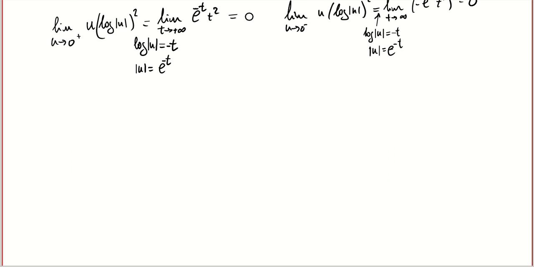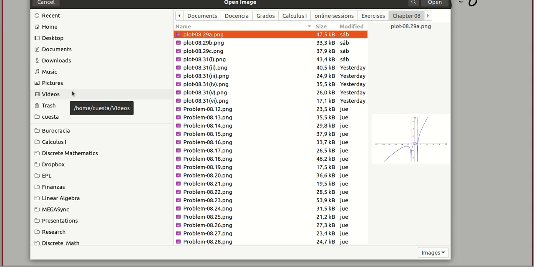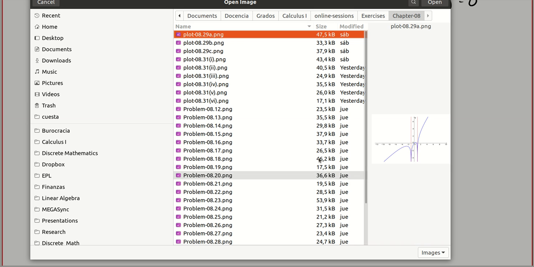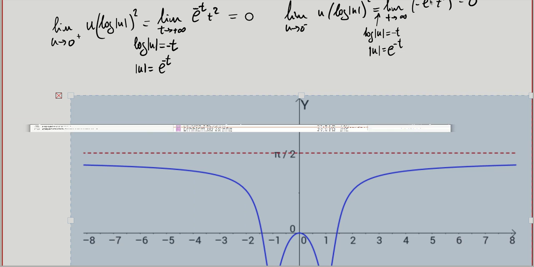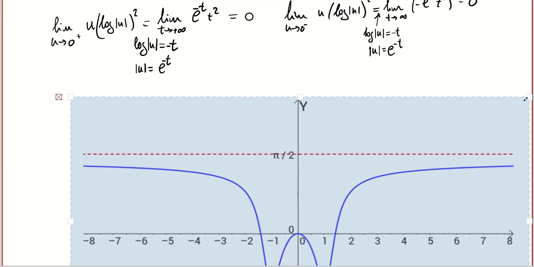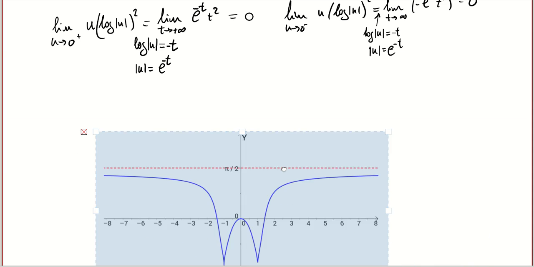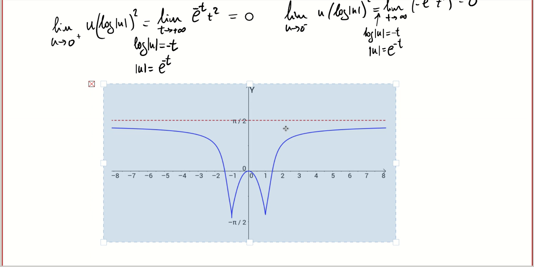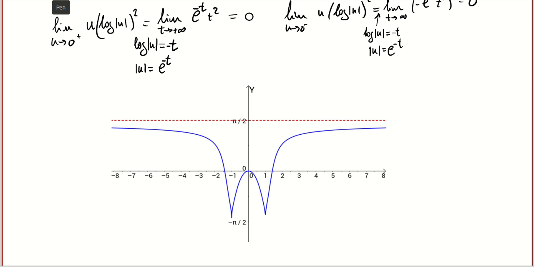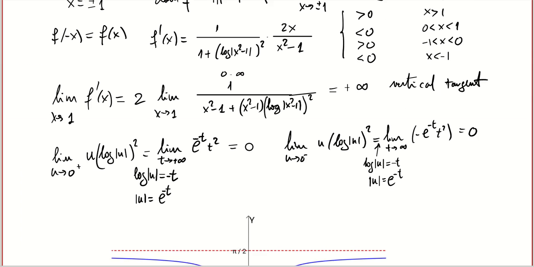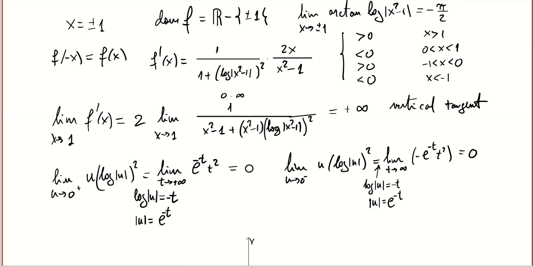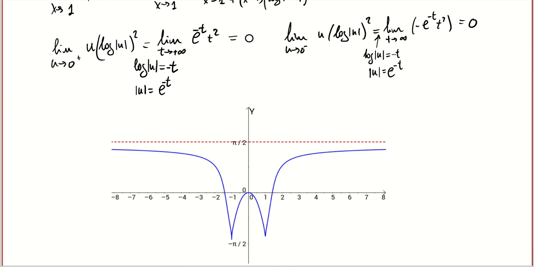So if you put this information together, you're going to get this picture. This picture here, right? Okay, well, there's some piece of information that I haven't analyzed, which is what happens when x goes to plus or minus infinity with this function.